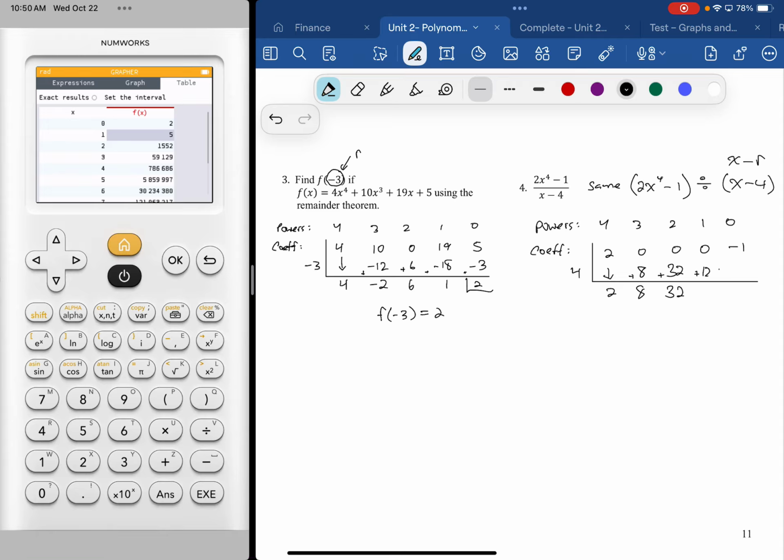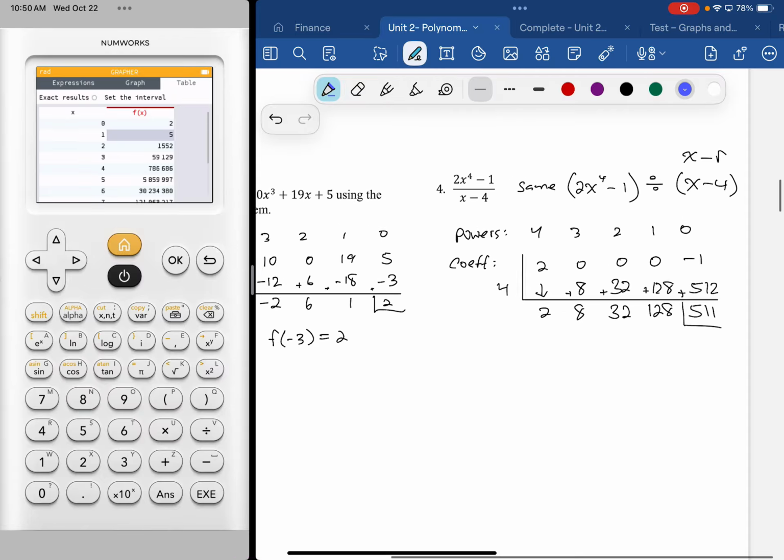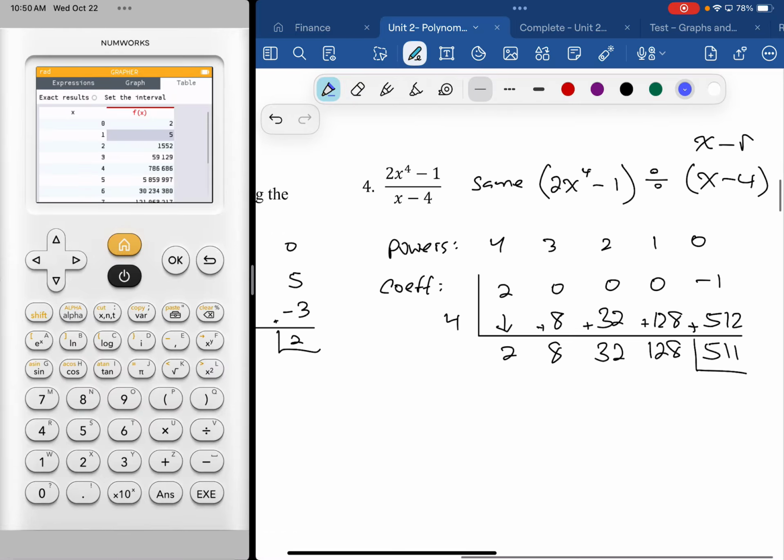So plus 128. 128 times 4 is 512. 256, 512, just doubling twice, which gets me 511. That's my remainder. We start off in my quotient with a power that is 1 less than whatever you started with. Started with a power of 4, so now it's a power of 3. Power of 2, power of 1, and then power of 0 just goes away.